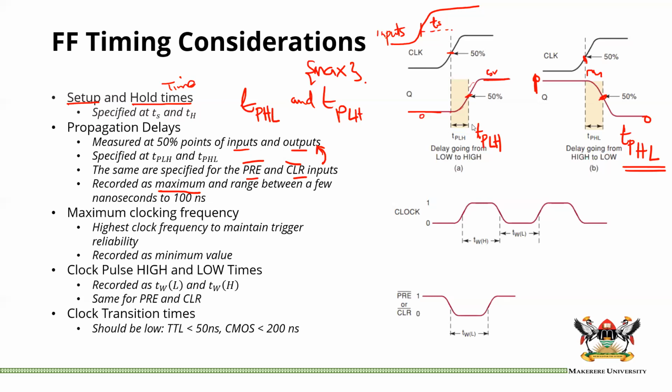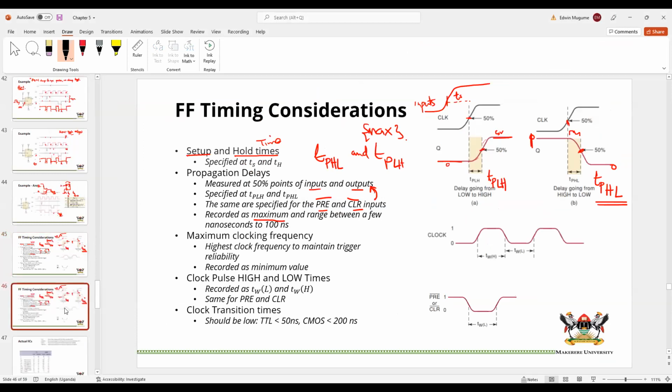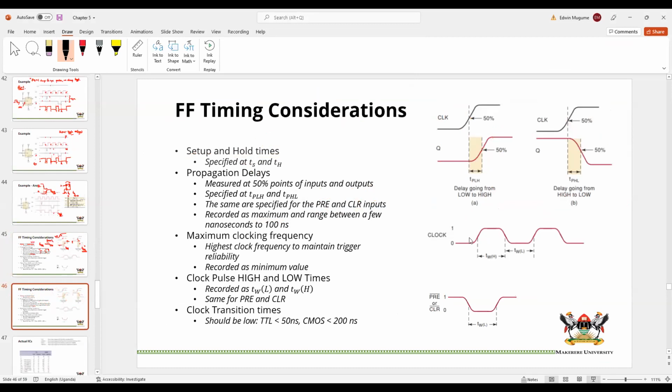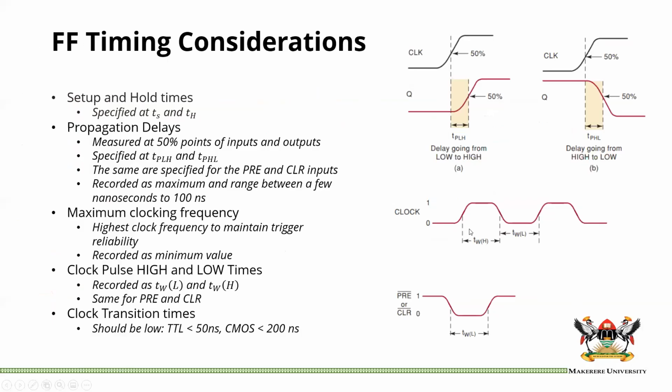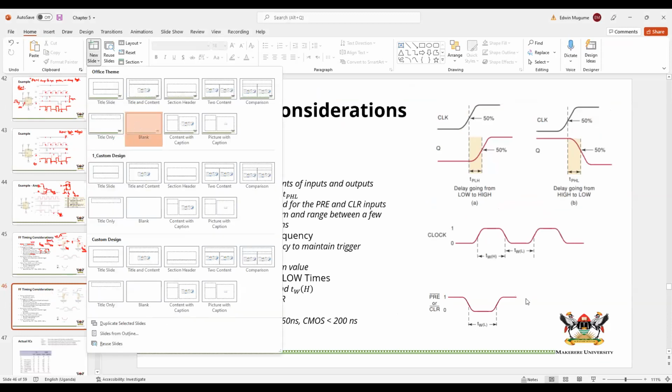Yes, I think I explained this last time, actually, and I think it was Wednesday. But we said that the setup time, in fact, let me just, because I've explained this, so you can always go back and look at it. We said that the setup time is the time prior to the clock signal for which you want your inputs to be in their states.